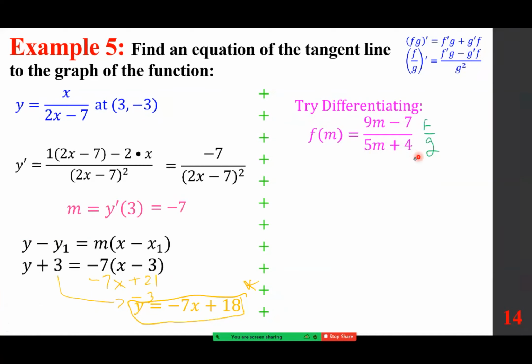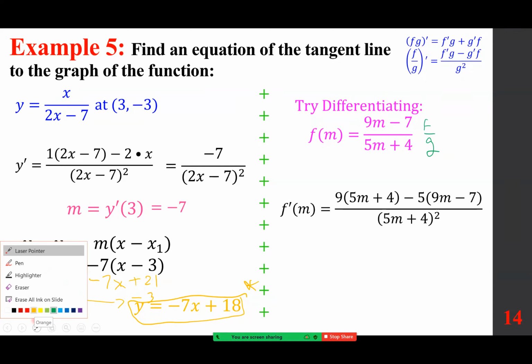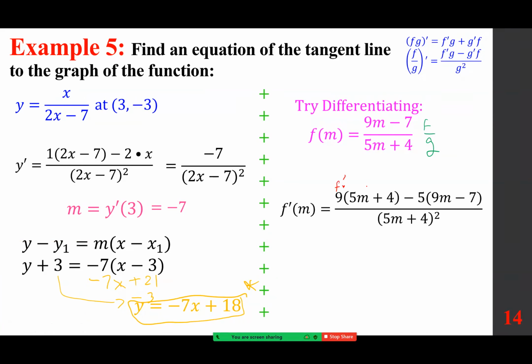Just put this in a parenthesis and square that. So just to write it quickly, this is f prime g minus g prime f, and by the way, this is the only calculus step.